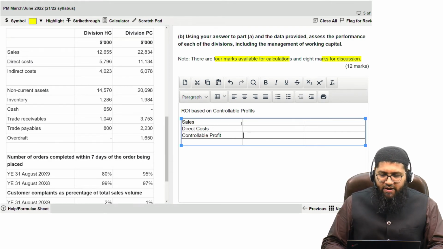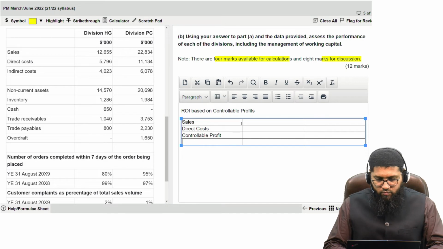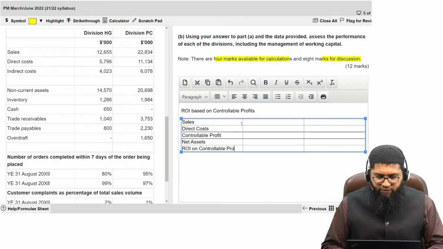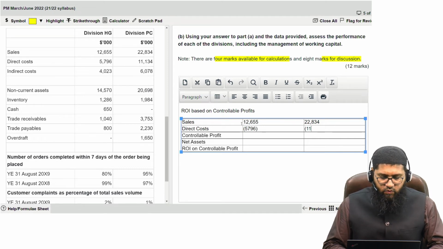Now, we have got the net assets available also. So hence ROI on controllable profit. Now the sales is 12,655, 22,834. The direct costs are 5,796. The direct costs are 11,134.